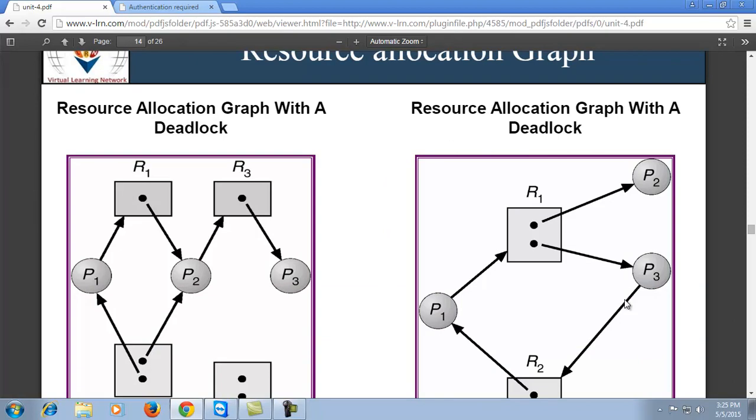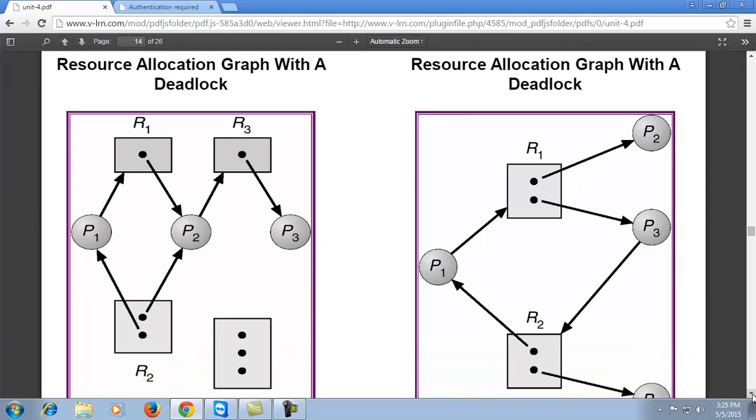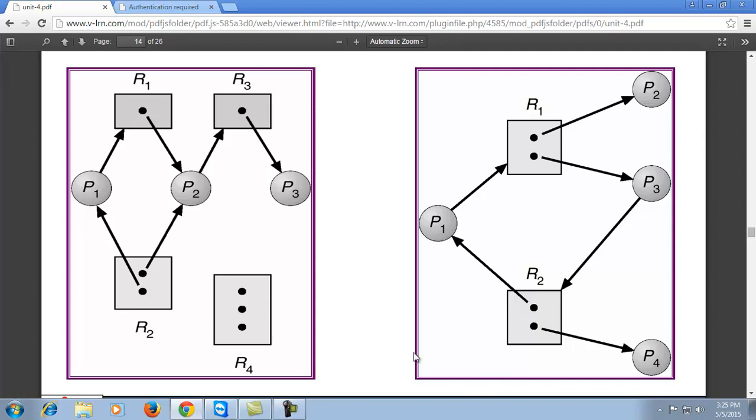In the first notation, there are a number of processes, P1, P2 and P3. In the same way, there are resources R1, R2, R3, and R1 has a number of dots, representing the number of instances of the resource. So P1 implies R1 means P1 is requesting access to R1.